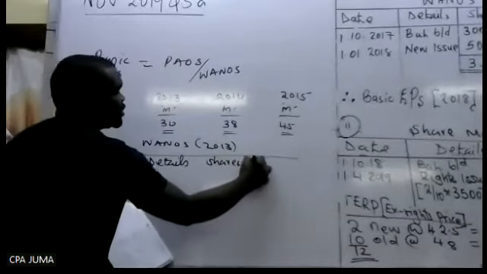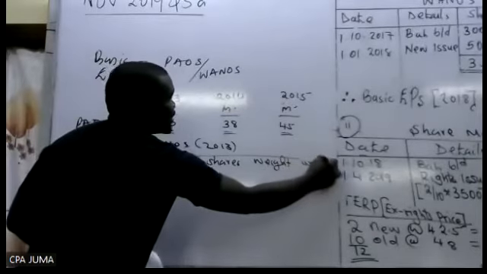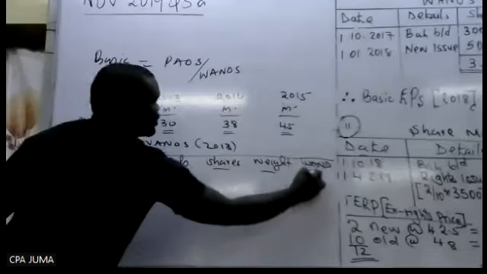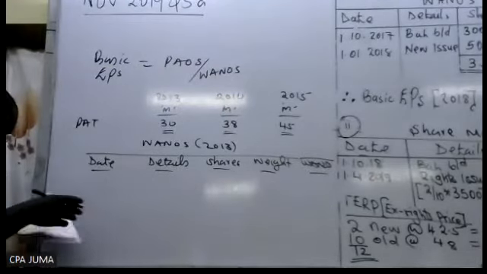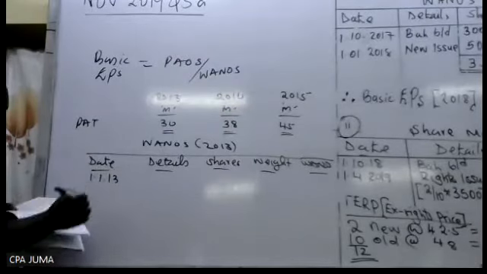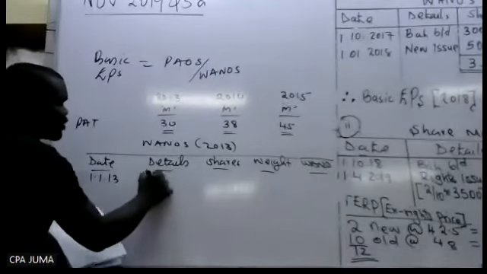When there is no rights issue, you stay with the shares until the end. A rights issue is what changes them. So the year is starting when? 1st January 2013. So details: balance brought down.